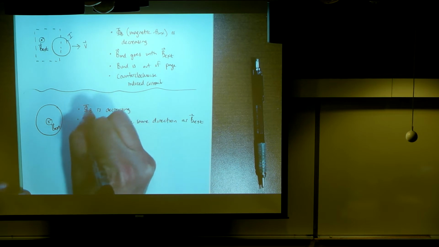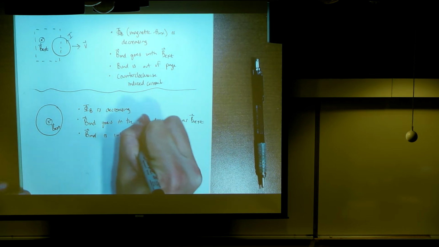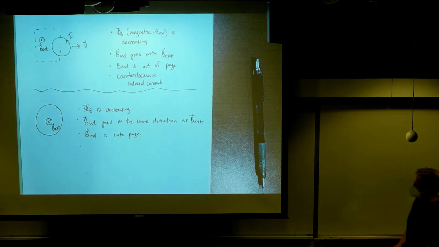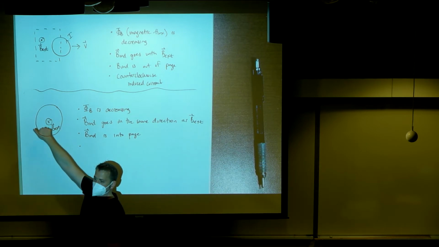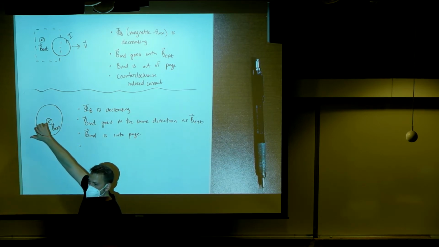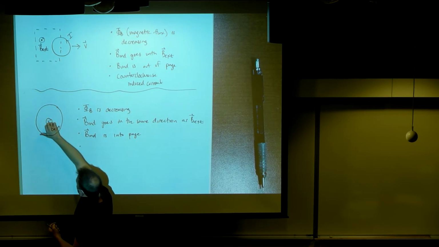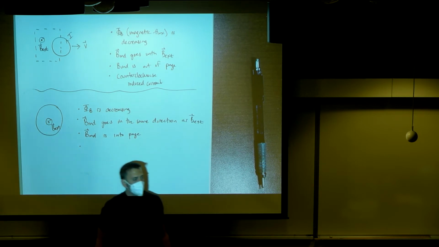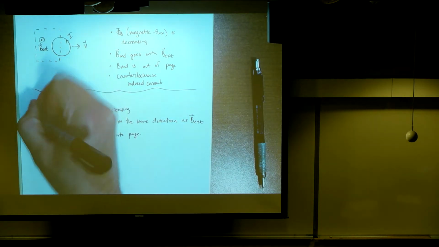So that means your B induced is into the page. Okay? To create a B field going through the loop that's going into the page, it actually requires this type of current by the right-hand rule. Remember, point your thumb whichever way you think the current's going, and your fingers will curl in the direction that your induced B field is going. Okay? So we must be going clockwise like this.